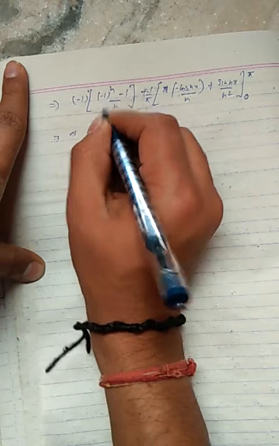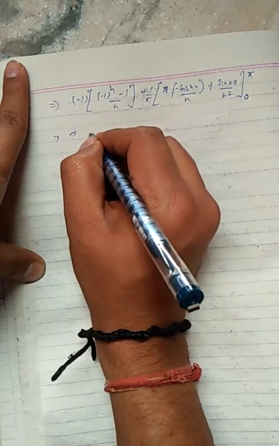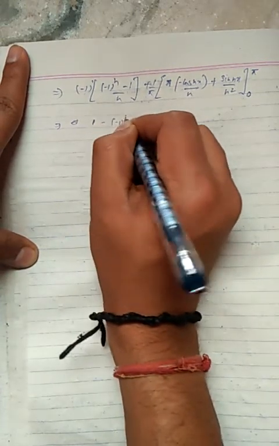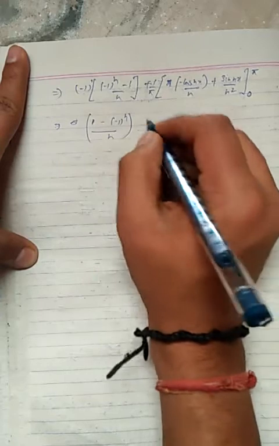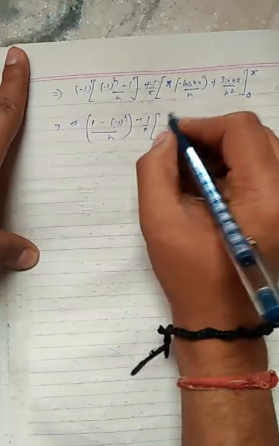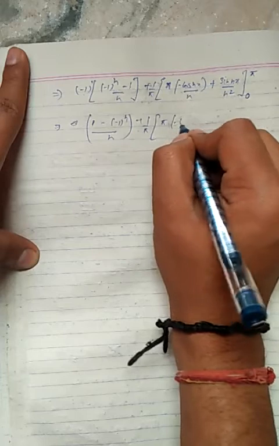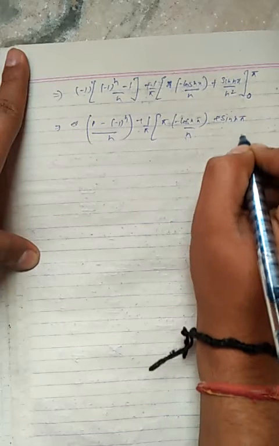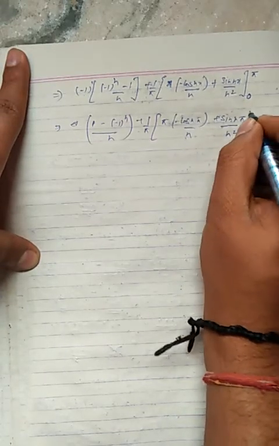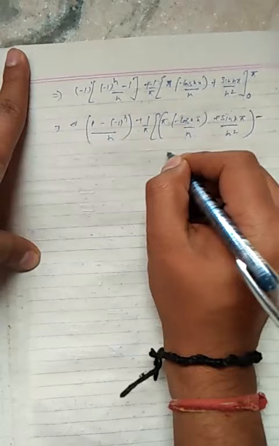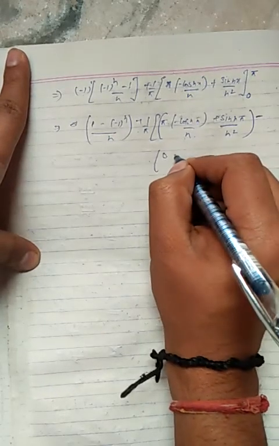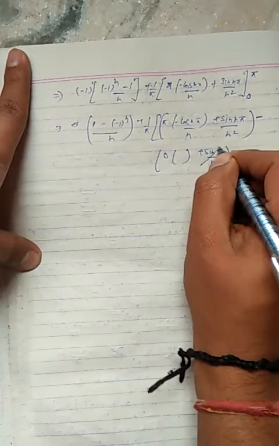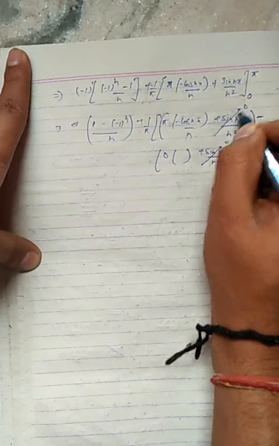Now this became, multiplying by minus, this becomes 1 minus (-1)^n divided by n, plus 1 upon pi, pi into upper limit minus cos of n pi divided by n plus sin of n pi divided by n square, upper limit minus, lower limit is 0 into cos 0 into something, that is 0, plus sin 0 by n square, sin 0 is 0 and sin n pi is also 0.